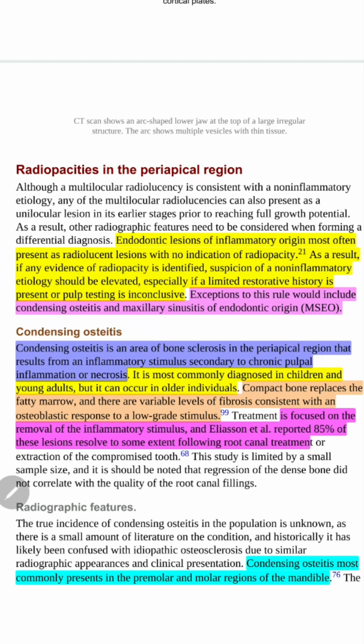An exception to this rule are the two inflammatory radiopaque lesions, which are the condensing osteitis and the maxillary sinusitis of endodontic origin.